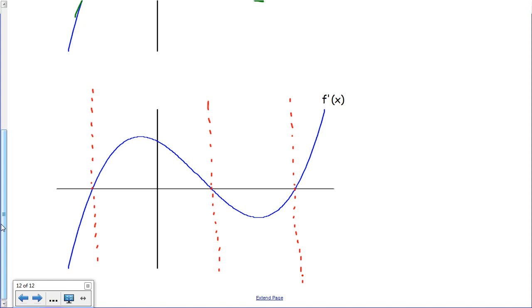All right. And then the next piece to consider is what's happening in between these zeros on f prime. And I can see that, for example, on this first section right here, the derivative is below the x-axis. The fact that it's below the x-axis tells me my derivative was negative.